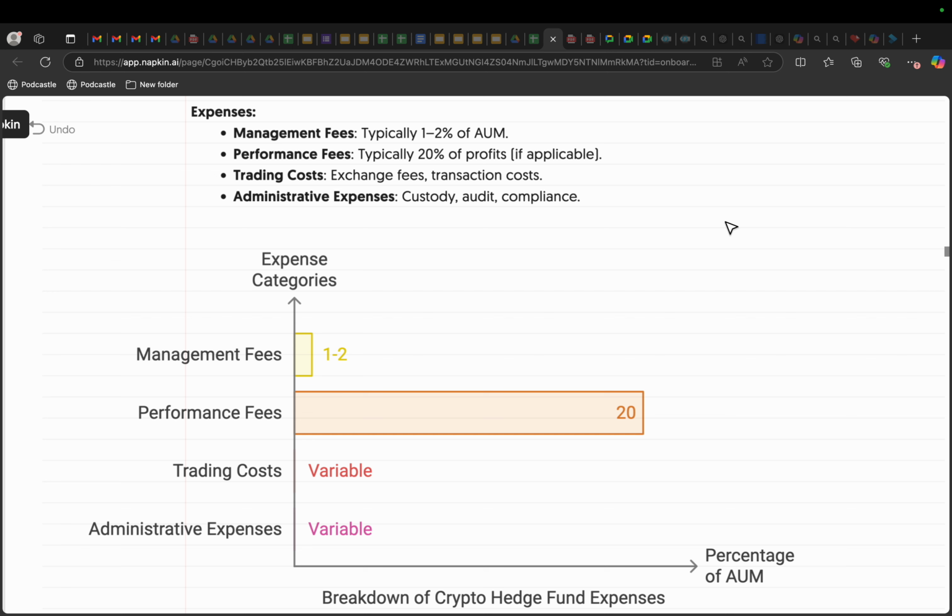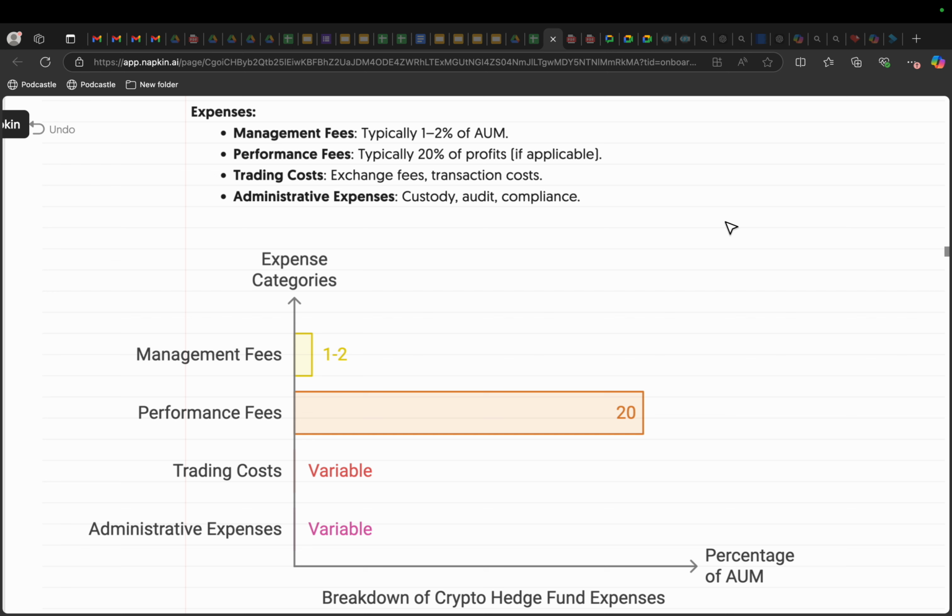Management fees and performance fees, 1 or 2%: management fees are what the fund manager charges on AUM, which is assets under management, and performance fees are charged depending on the performance of a fund. If the fund achieves performance, then definitely fees will be charged to the fund investors. If not, then fees will not be charged.